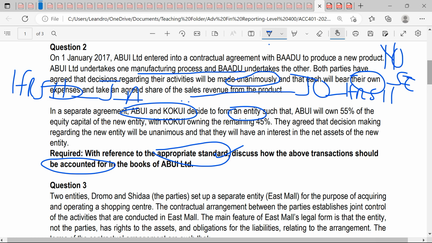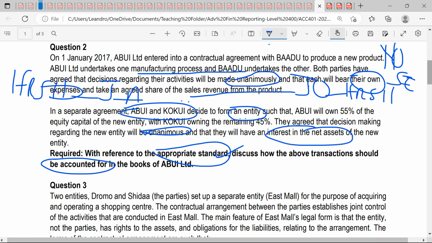So Abui will own 55 equity and Kokui will own 45 equity. Again, it's not conclusive, because whether joint operation or joint venture, there will be percentages to deal with. Then they agree that decision making regarding the entity will be unanimous. So again, we have a joint control between Abui and Kokui, and that they will have interest in the net asset.